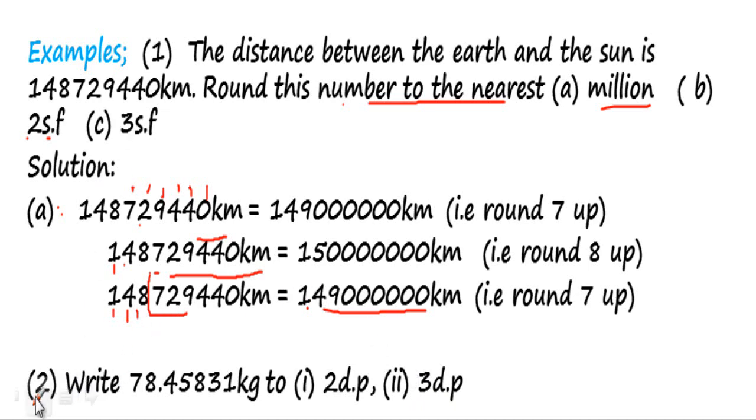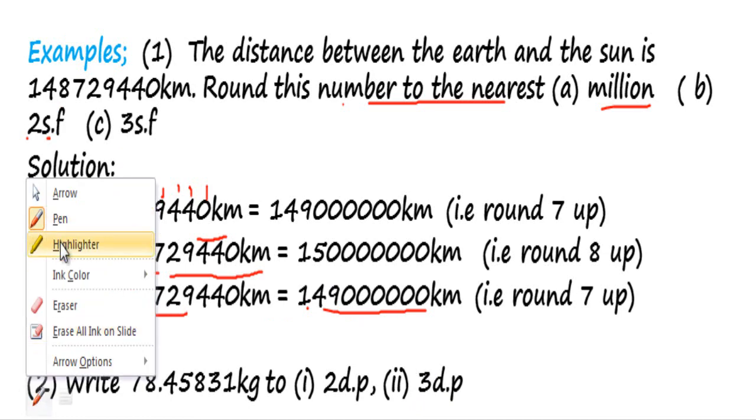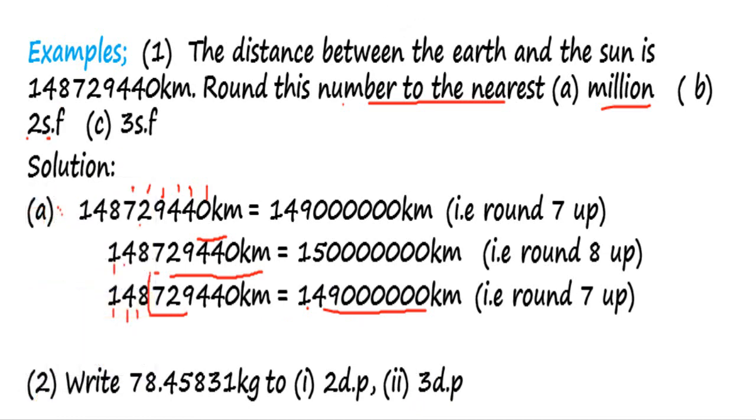We have defined decimal places to be the number of places after the decimal point. Are you seeing it now? Don't forget that. And in this example too, that's what we want to do. I want you to get it right, and then you'll be able to do any question of this manner.